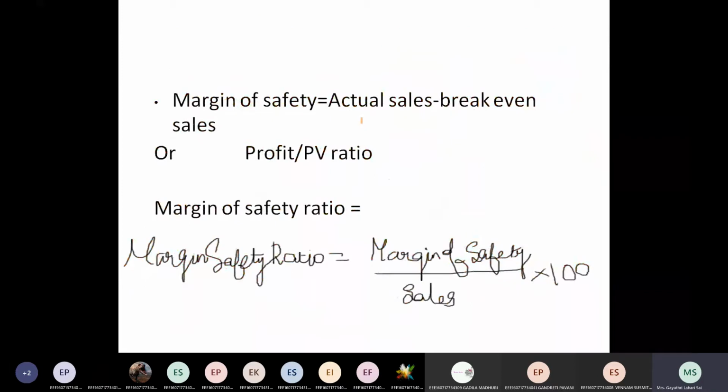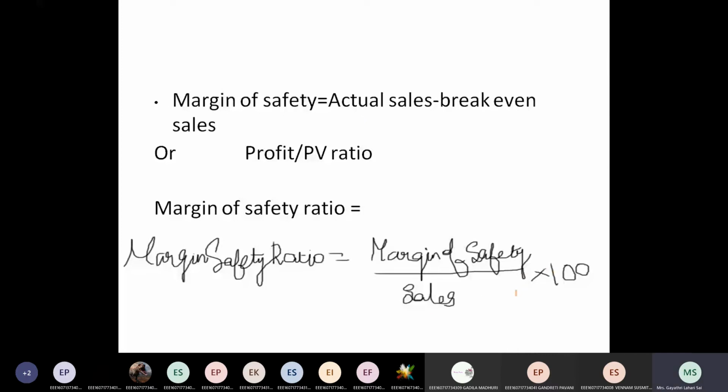Margin of safety is the difference between the actual sales and break even sales.